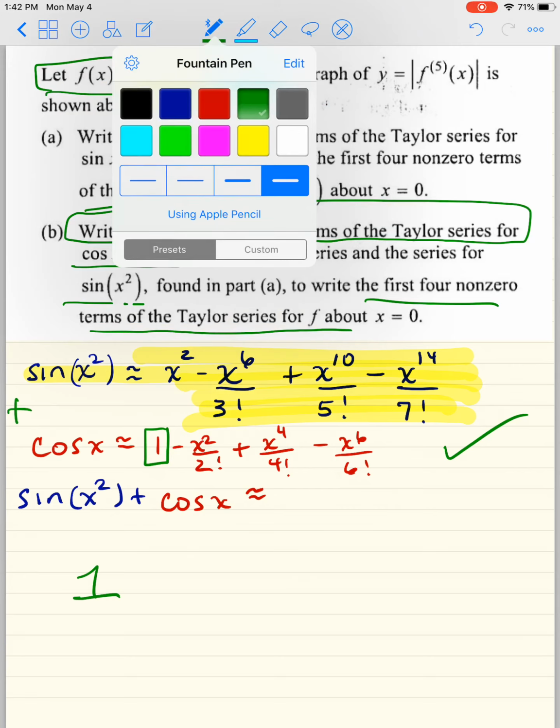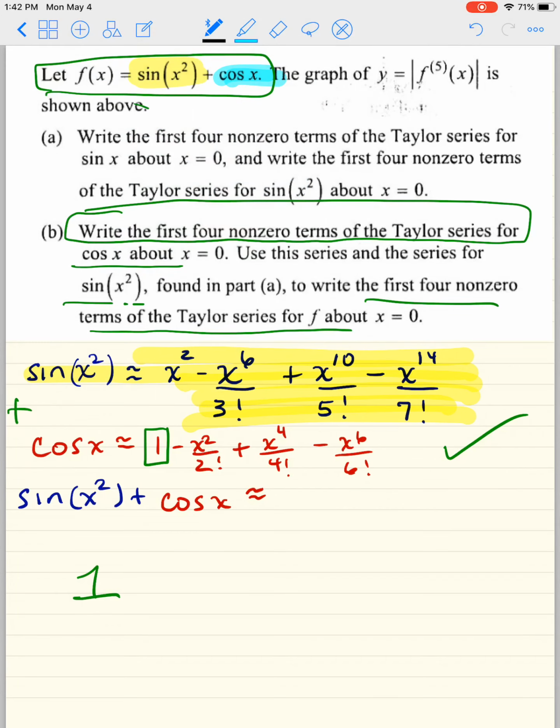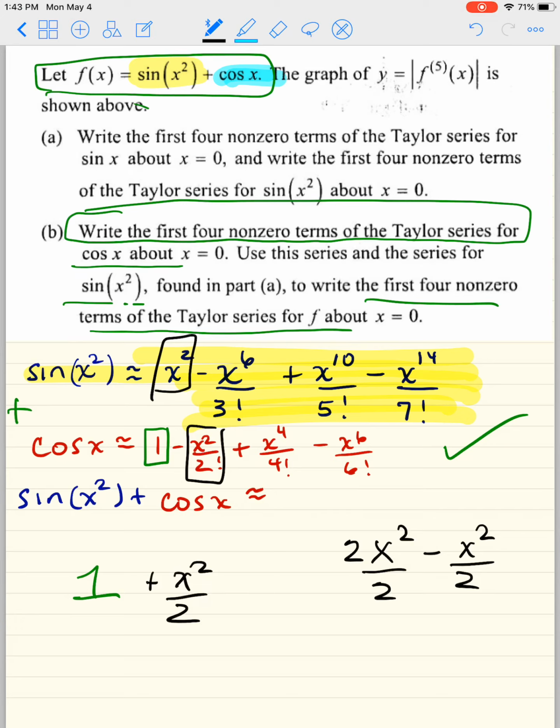Great. I'm going to choose a different color. The next, we have an x squared here. And remember, x squared over 2 factorial is the same as x squared over 2. So x squared minus x squared over 2, I just need a common denominator, so that's going to be 2 and 2. And 2x squared minus x squared is going to be x squared over 2.